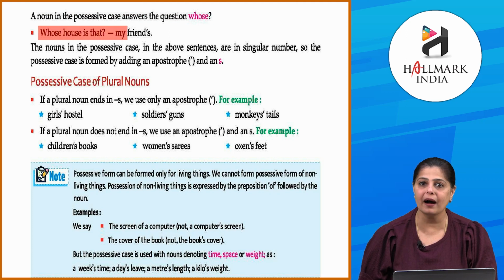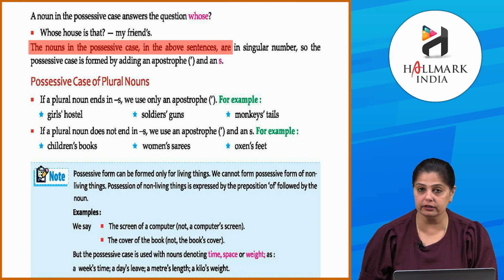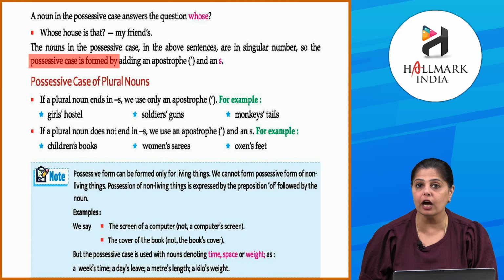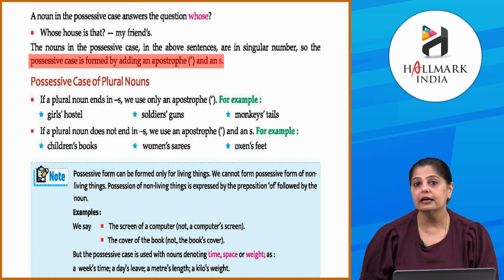That is my friend's house. Okay, my friend's. The nouns in the possessive case in the above sentences are in singular number. So the possessive case is formed by adding an apostrophe and an s. Okay, जिसको जो बिलोंग करता है उसके बारे में बताते हैं तब हम उसके आगे जिसकी चीज़ है या जिसको बिलोंग करता है उसके आगे हम लगाते हैं apostrophe s.